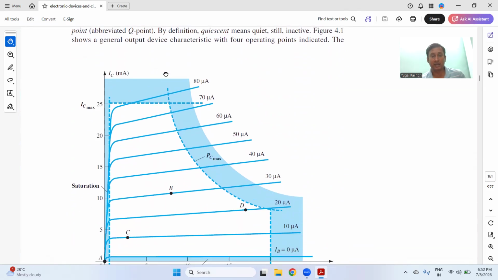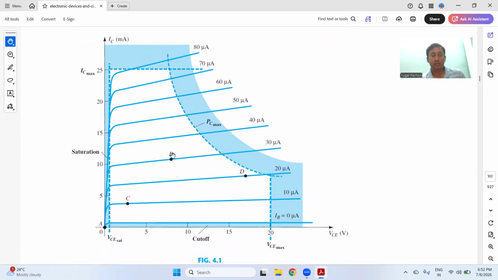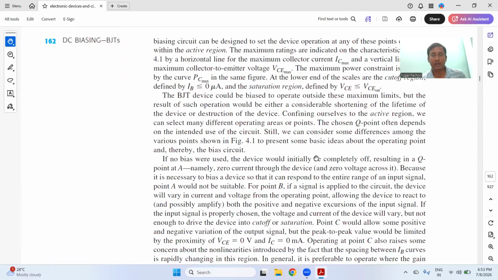If I draw a straight line like this, and suppose I draw one here and one here, this point will be the operating point. So the point at which the curve of VCE and ICE meets is known as the operating point. So you have got the idea about the operating point.